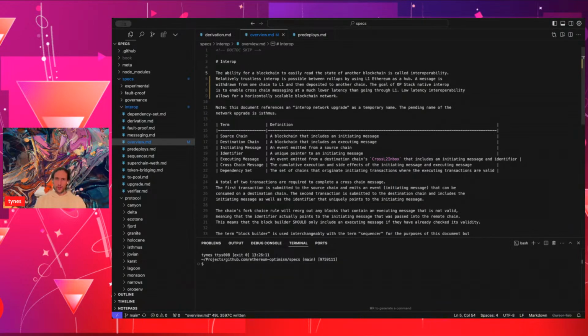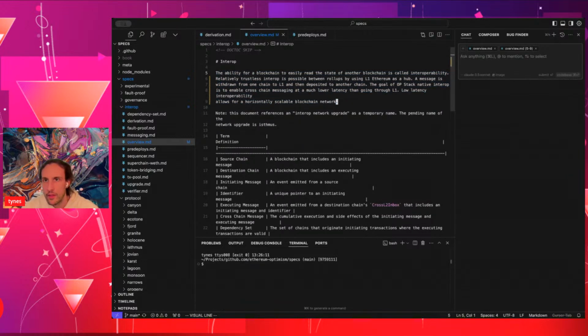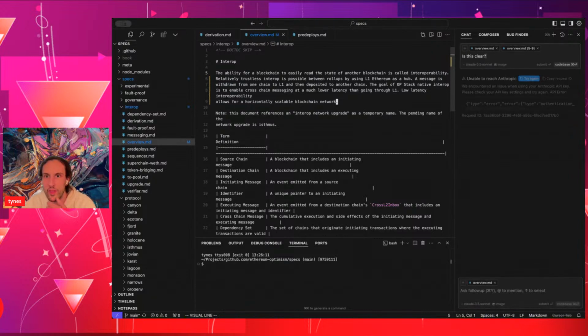When I got a new laptop, I didn't copy over my vimrc, so now I'm using Cursor. It happened. Let's see. Is this clear? They have encountered an error with my Anthropic key.